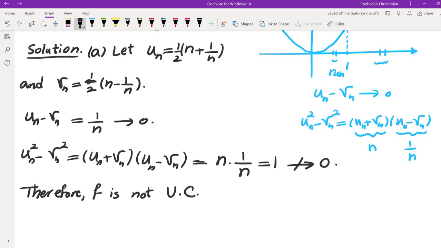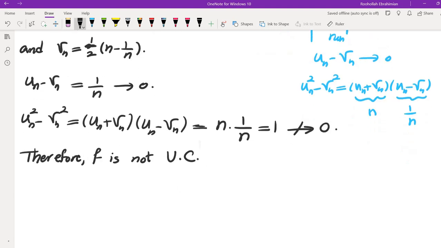Again, think about uniform continuity as starting from two sequences. If the two sequences are close to each other, then their functional values must also be close to each other. So we created an example of two sequences, un and vn, such that un minus vn approaches 0, but f of un minus f of vn doesn't approach 0. Therefore, the function is not uniformly continuous.